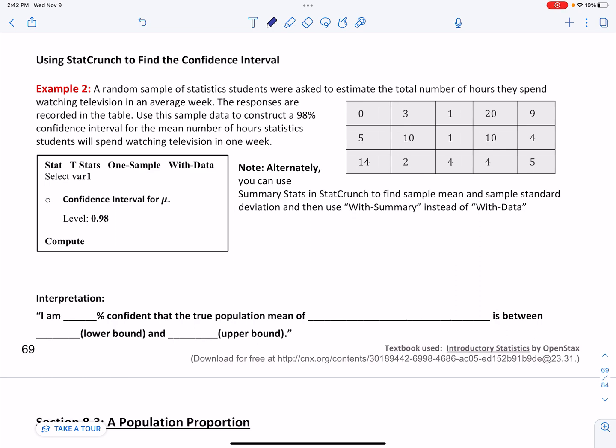Here's the thing. I am going to spare you watching me plug this data in. It works just like the last one I did, where I went and got the summary statistics, just like we did at the very beginning of statistics.